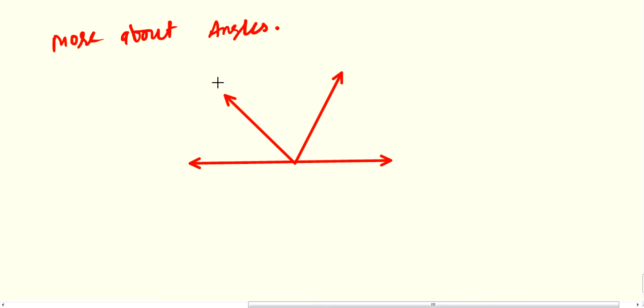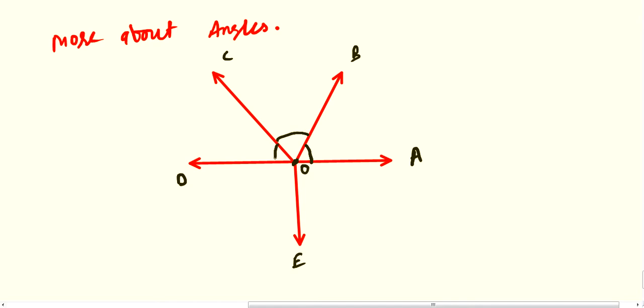Now this diagram represents angles about a point. How? Let's see. So this is your point O, and A, B, C, D, E. Now we have angles here, one angle, then second angle, third angle, fourth angle, then fifth angle. 5 angles we have in this diagram, and the sum of these angles will be equal to 360.